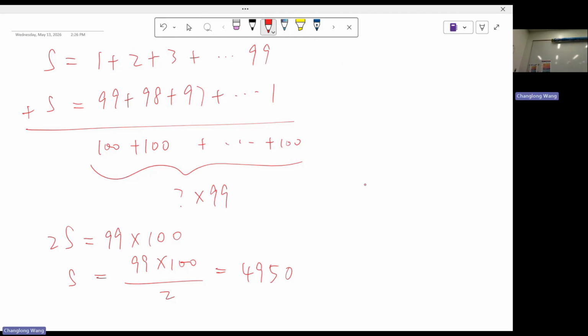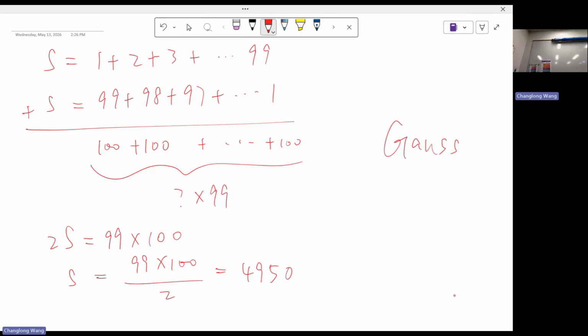Yeah, he's a mathematician and a physicist, but not Newton. It's a German mathematician. His name is Gauss. Well, have you heard of Euler?